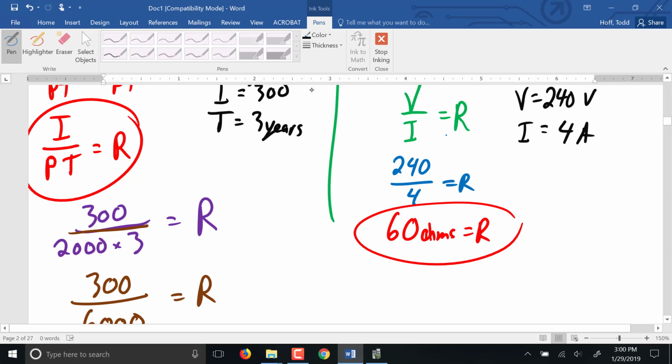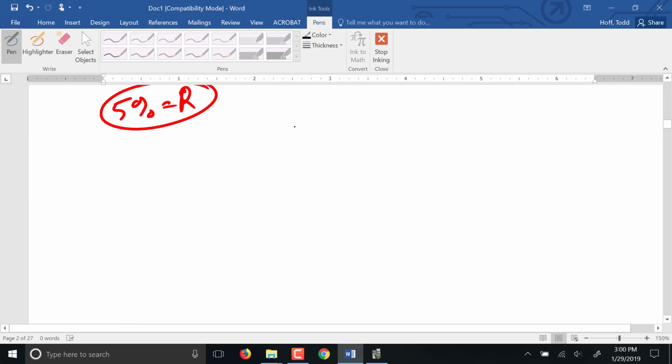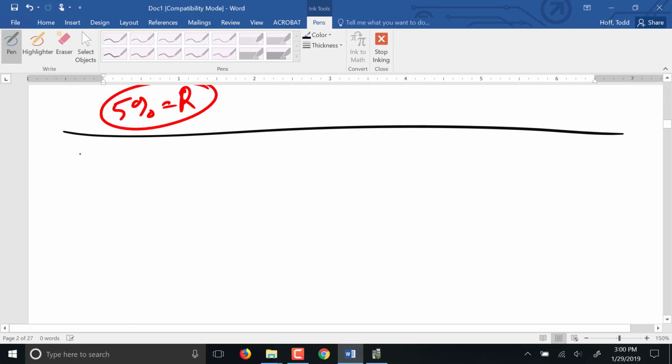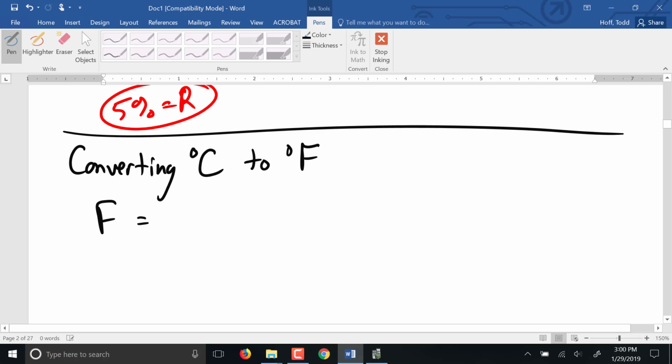Well, let's look at some slightly more difficult formulas here. The formula for converting degrees Celsius to degrees Fahrenheit is this: F is equal to 9/5 times your degrees Celsius plus 32.